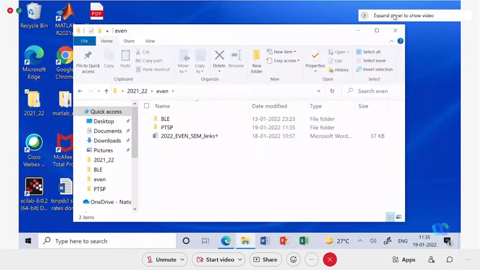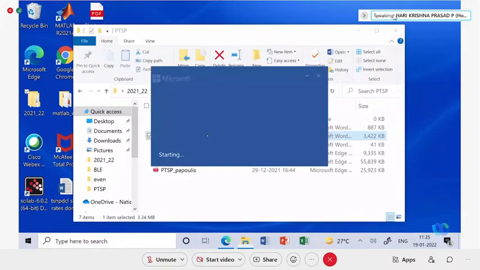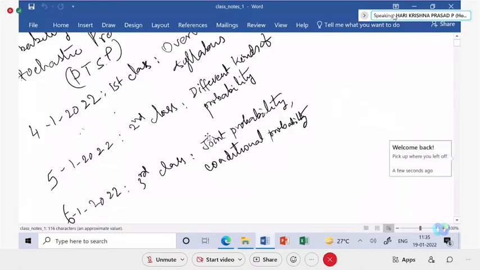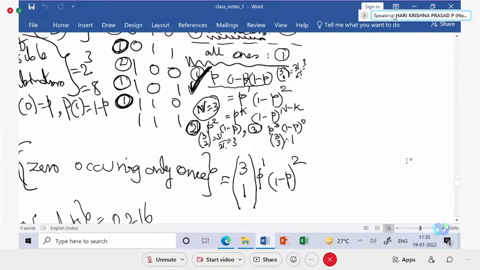When we look into these experiments, we will notice that for some of these experiments, the outcomes are numerical in nature, while for some experiments, the outcomes are non-numerical in nature. Typical examples are, now you consider the case of say tossing a coin.